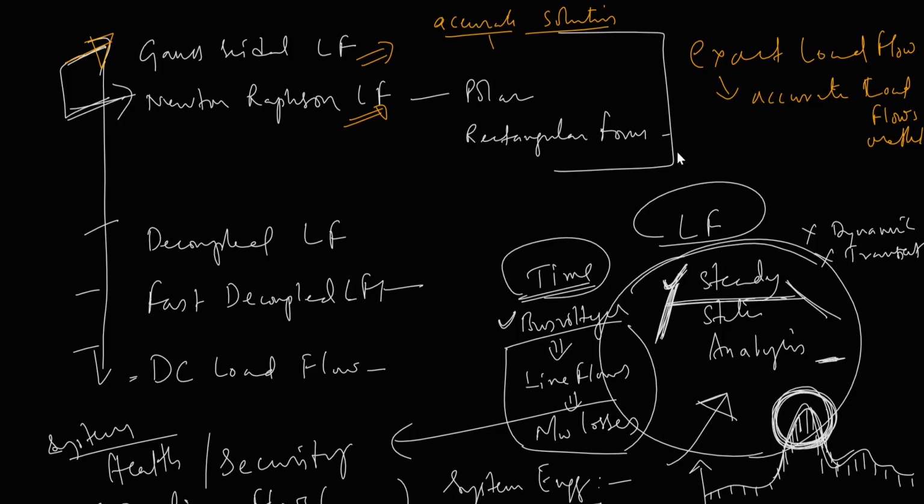And from there, if I find out the line flows and network losses, all are accurate, very close to the actual values at that moment. These two methods give the same type of accuracy, and that is why I call them accurate load flow or exact load flow methods.